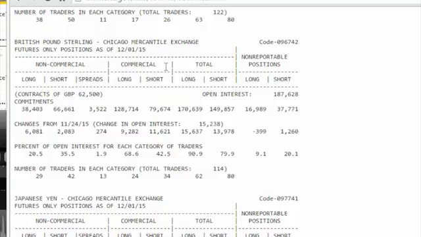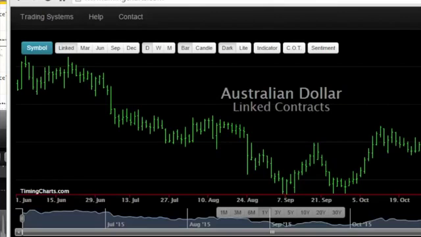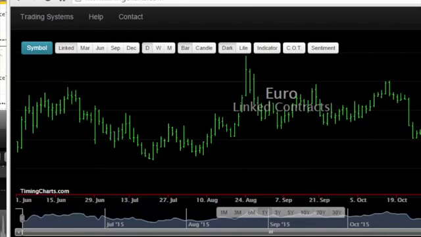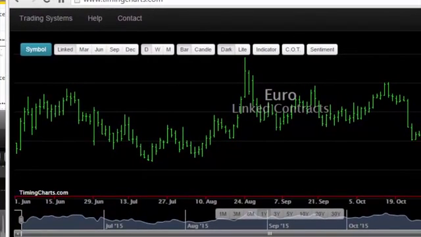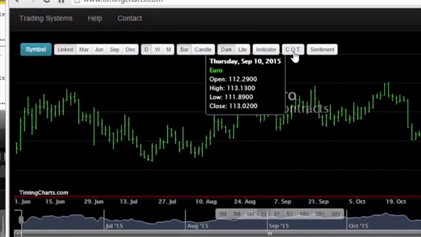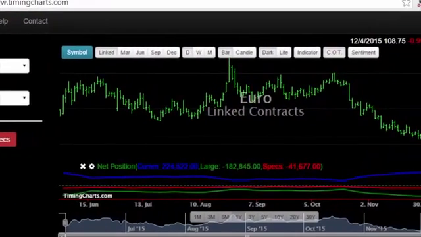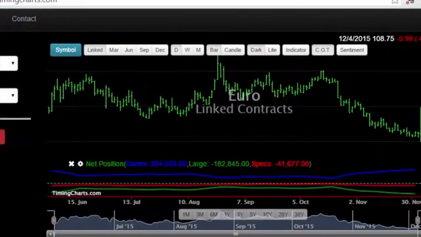It's pretty difficult to analyze that information. That's why I prefer to use timing charts. This is a free website that builds this information in a visual mode. For example, if I choose the currency future from euro, I push the COT button, and that's what I get.